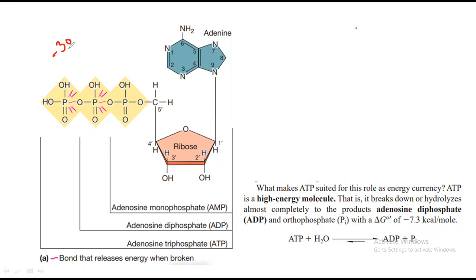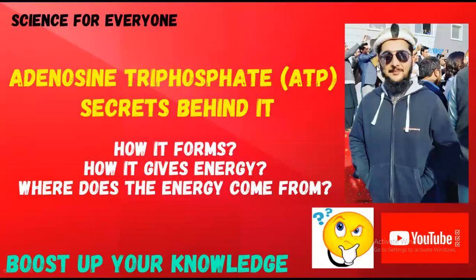This energy is used to bring the phosphates together. They are not willing to come together, but this energy makes them come together, and that is why ATP is known as the energy currency of the cell. So keep this concept in your mind.